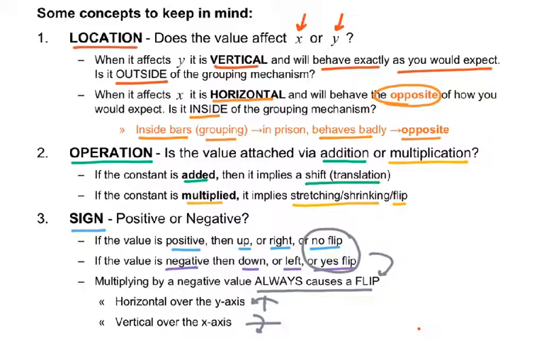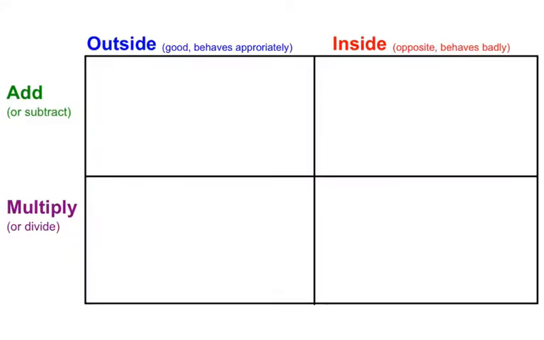All right, so let's summarize this in a box. Another way to help us remember these rules without talking about them formally, and we'll address that in the next video, are these mnemonic devices. So we think about the location and the operation.